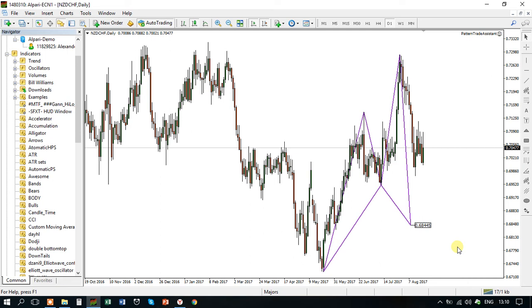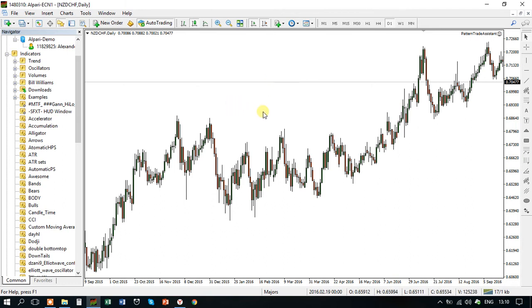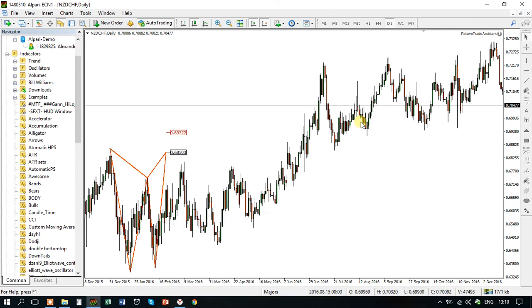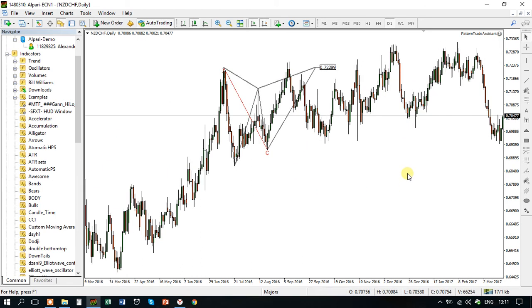And if you don't want to do that manually, yes, you can draw patterns even on history and even faster, like this. You see a pattern, just 2 points to draw the pattern, like this. For backtesting, you only need 2 points.